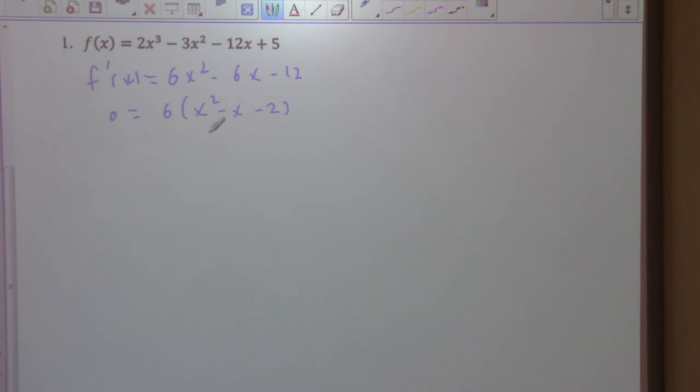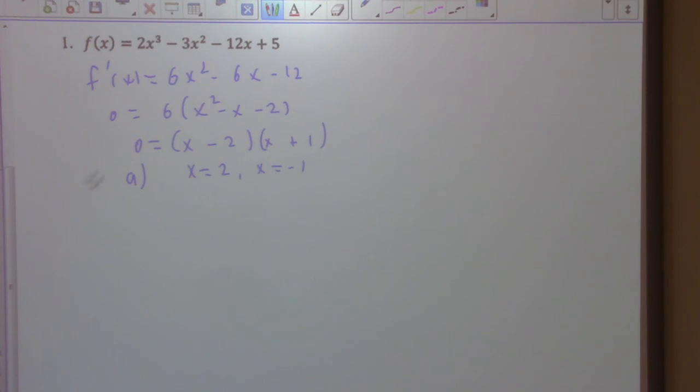And so we have 0 is equal to, is it x minus 2, x plus 1? So x equals 2, x equals negative 1. So those are the critical numbers, is that right?